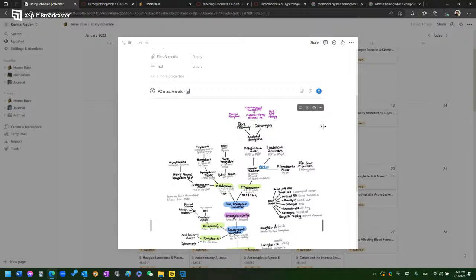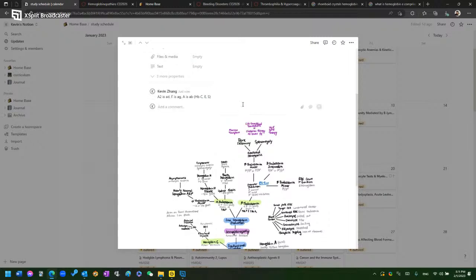F is alpha gamma, right? And then the variations on beta is what causes your HBC, E, S, which are all plays on your classic hemoglobin A. That's what that is.